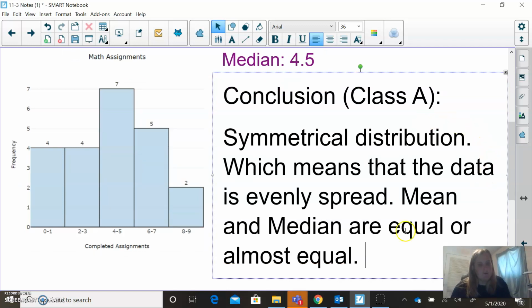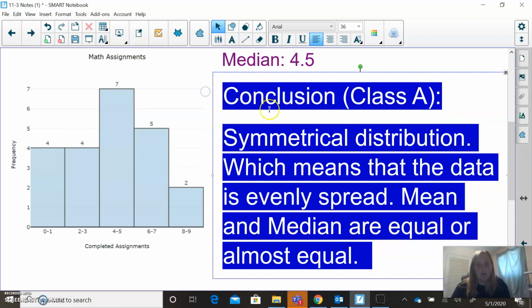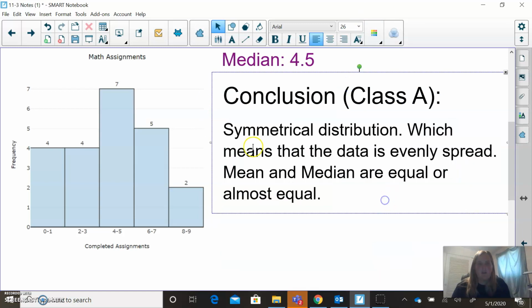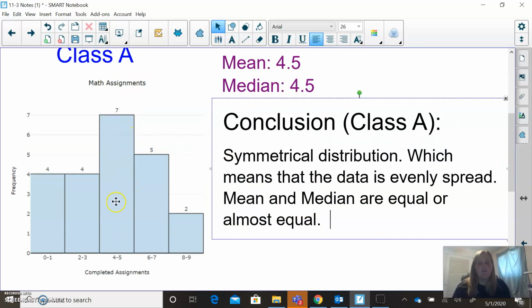Okay? And I'm going to make this a little bit smaller so we can keep going. What this means is that most students have completed more than 4 assignments. So we look at the median, and with a symmetrical one, that means that literally at the median we're 50-50.